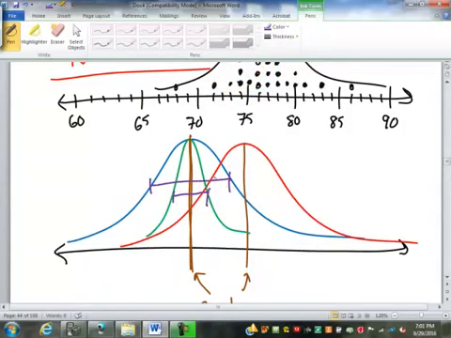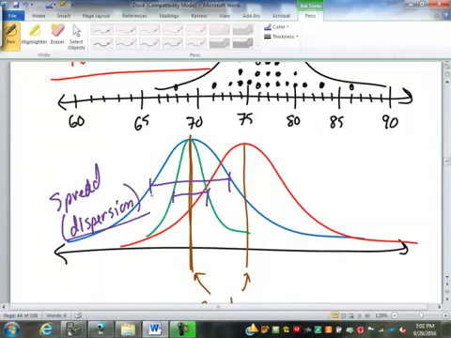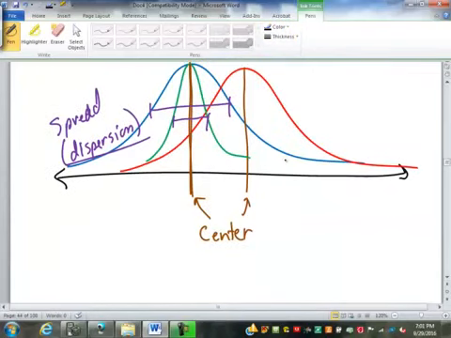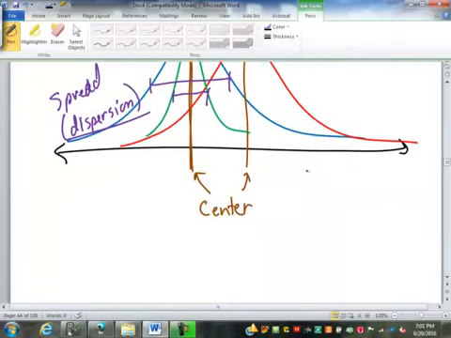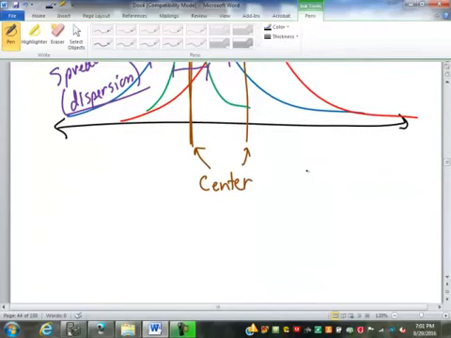The blue curve is wider. The term we use for that is spread. Sometimes we use the term dispersion. How dispersed is the data? So we're going to talk about numerically describing the data rather than putting it in a table or in a picture for a graph. And we're talking about describing numerically the center and the spread.